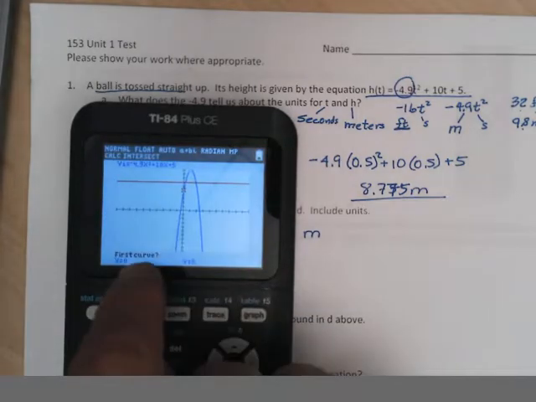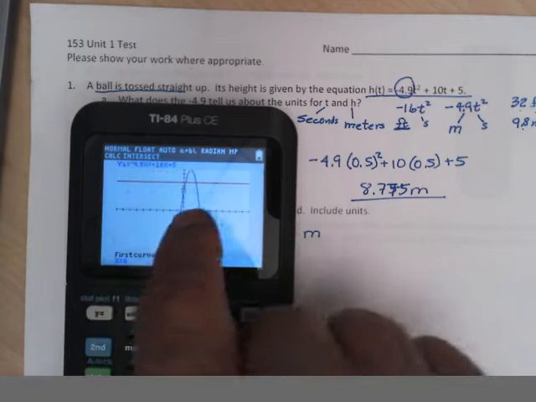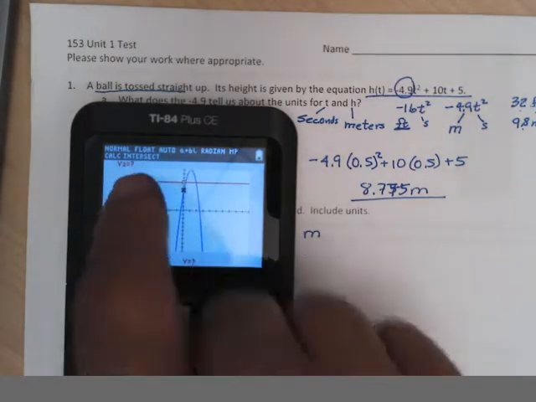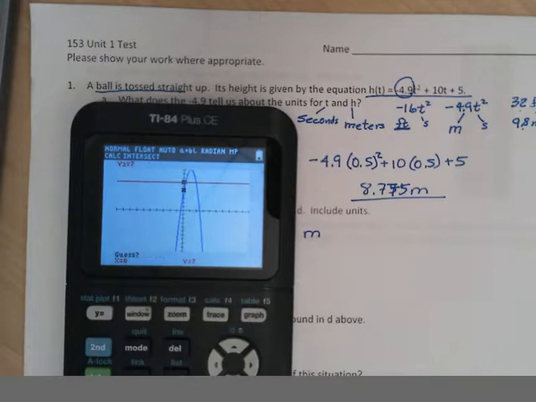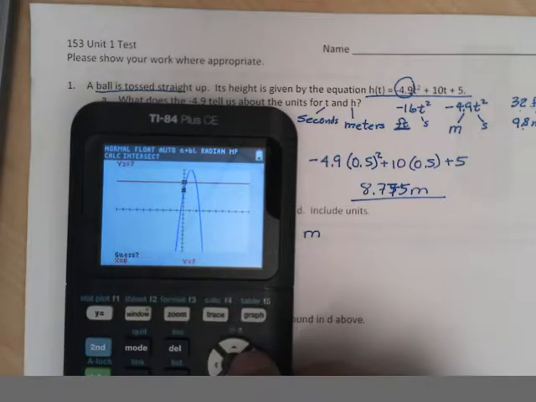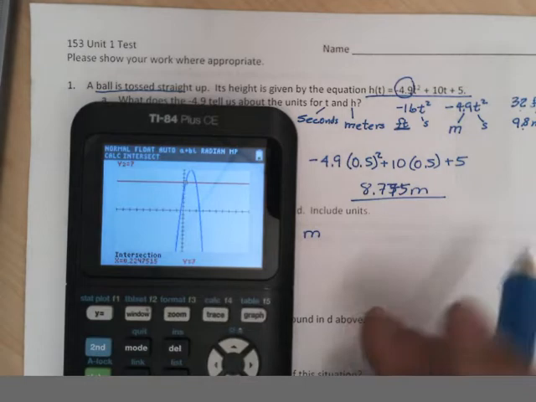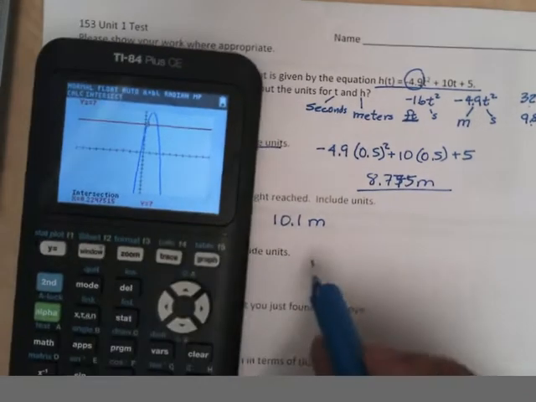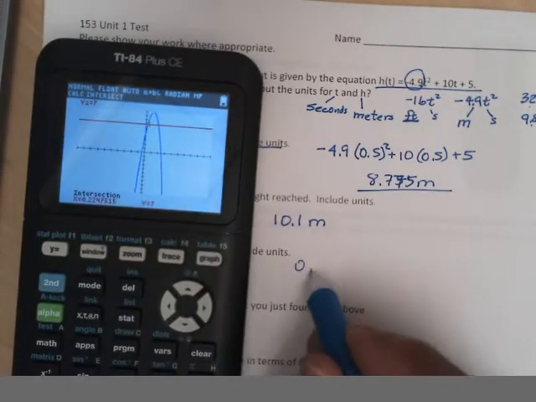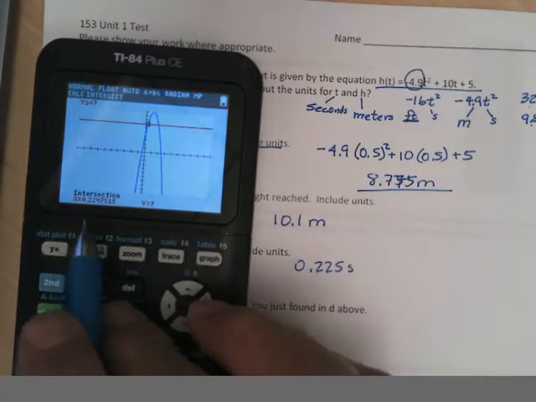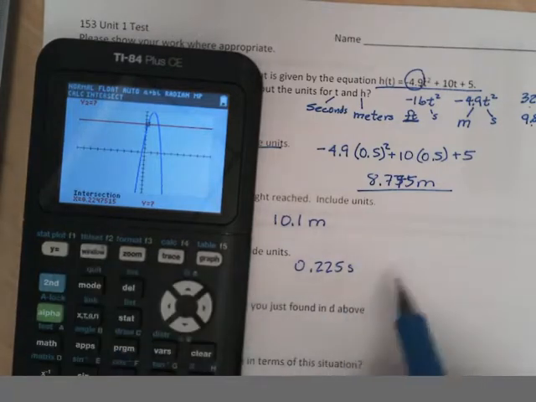Is this one of my curves, the blue one? Yes. Press enter. It's on the red curve, and red is 7. Is that one of the curves? Yes. Enter. Move close to it, and that's my guess. And it says 0.225 seconds rounded. It was at 7 meters.